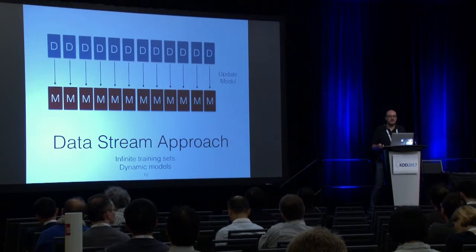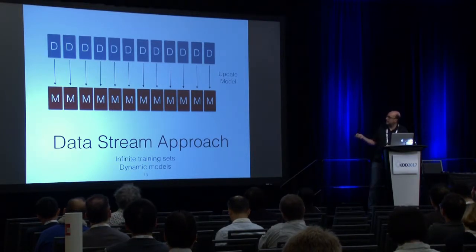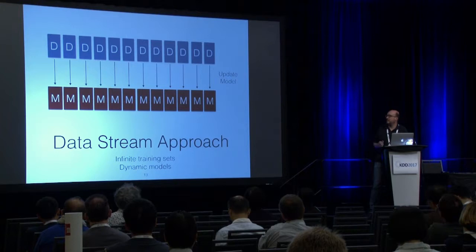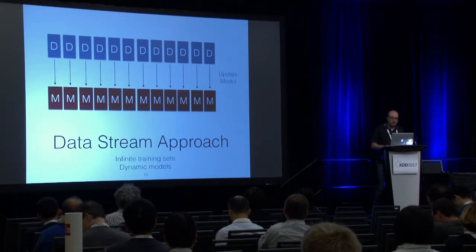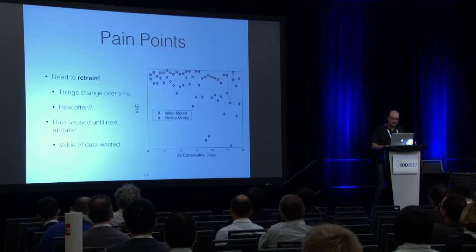As in many real situations, the distribution of the data is going to change. By doing this update, our model can be updated in real time and can correspond to the recent distribution of the data. This is what we call the data stream approach of doing machine learning, classification and regression.